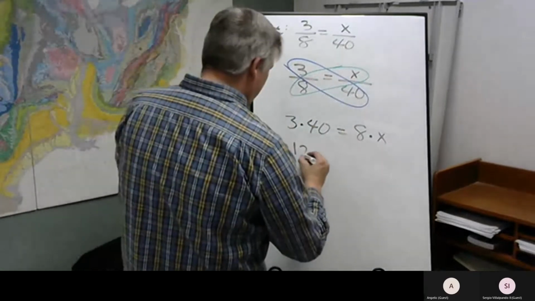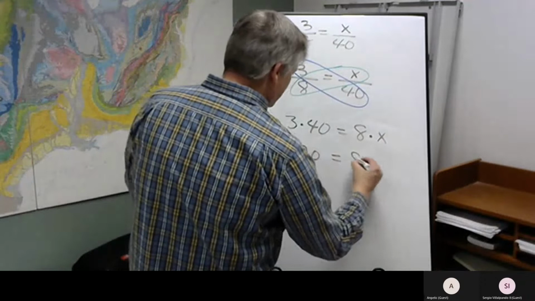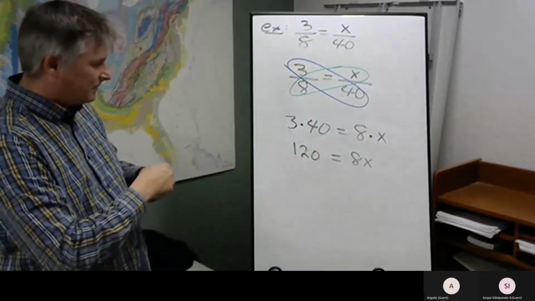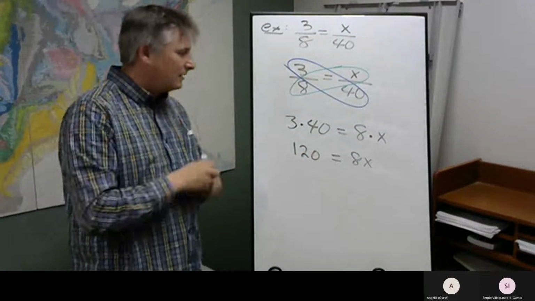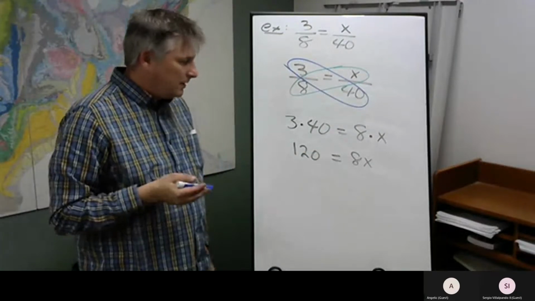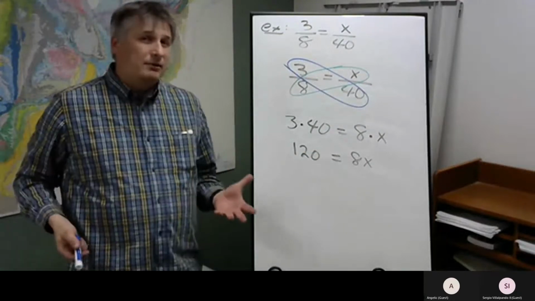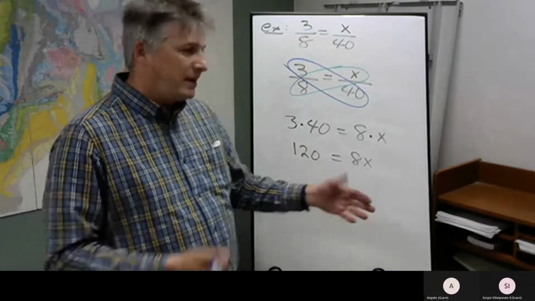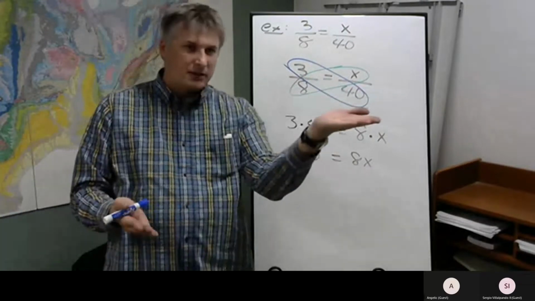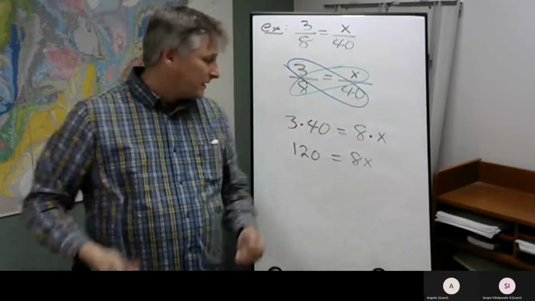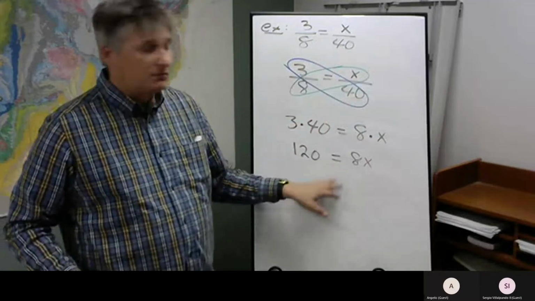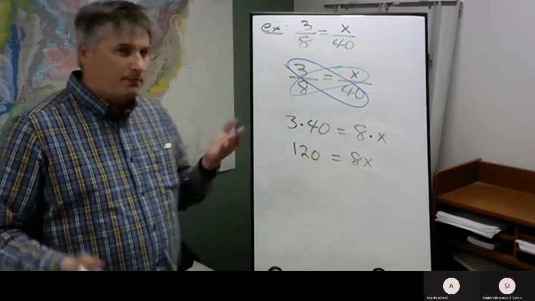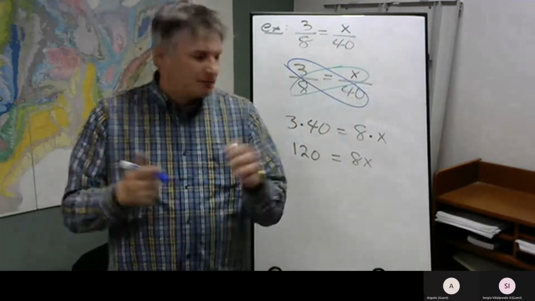Or 120 is 8x. Now what we're going to do here, we're going to go back to what we looked at in section 9.1. We want to get x by itself. Right now the scale is balanced with 8x on one side and 120 on the other. And we assume this is true. So we want to get x by itself to see what balances just plain x.